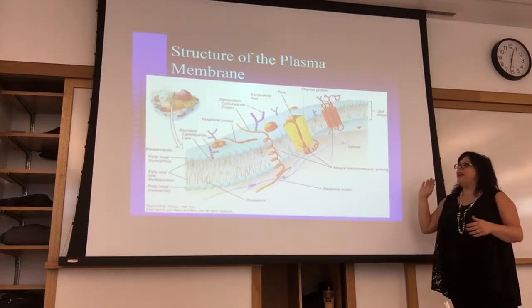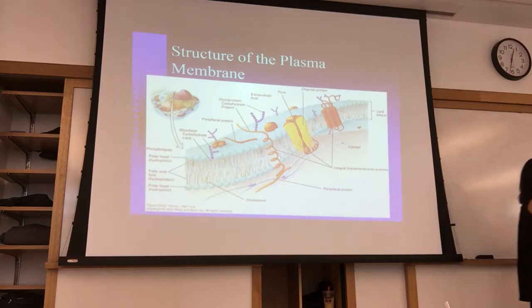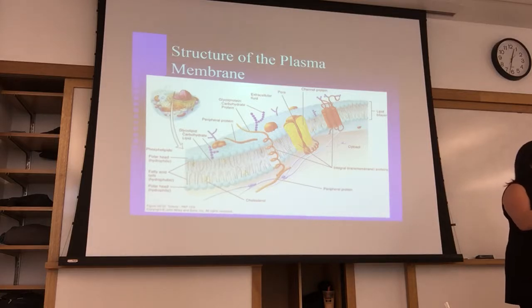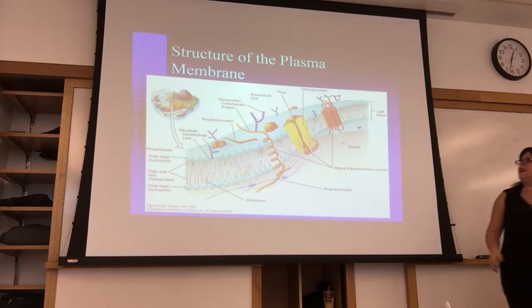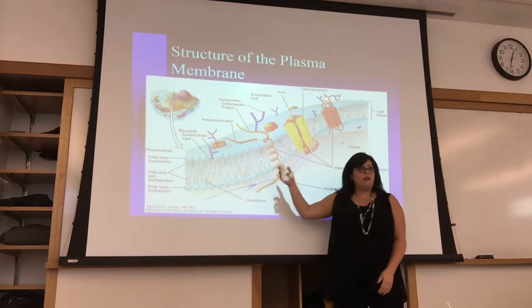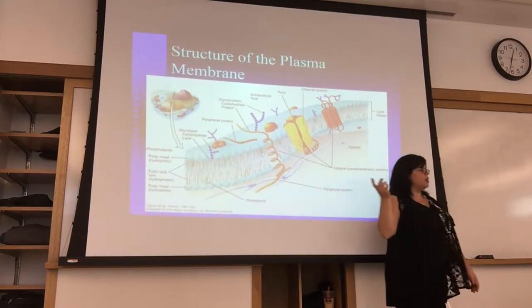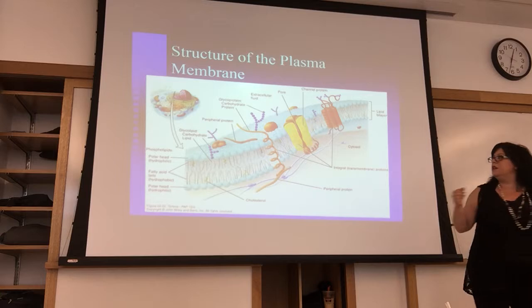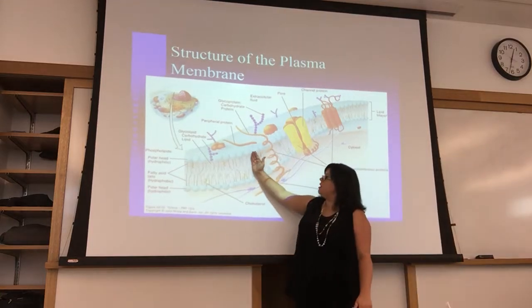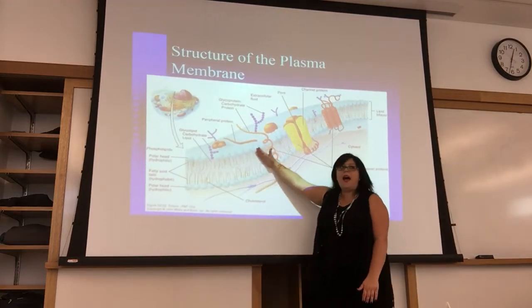So proteins have many different functions within the cell membrane. And I said before that this cell membrane is fluid. Pretty sure I said that, right? The phospholipids can move. You can have proteins move within the phospholipids. Like this protein here is not totally stuck here. It's not glued in position. It can move over here, or it can move back.